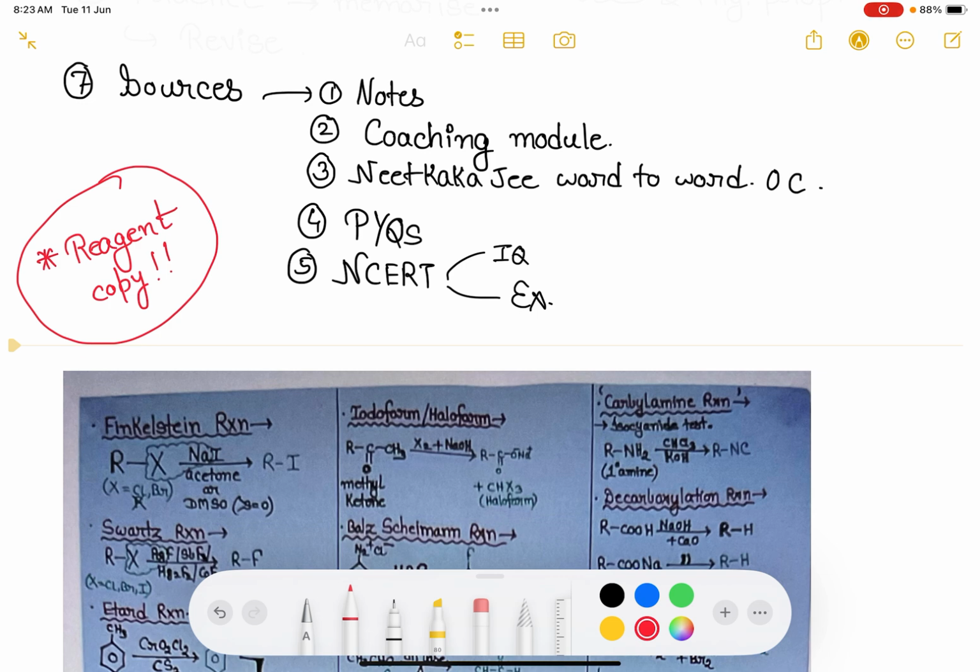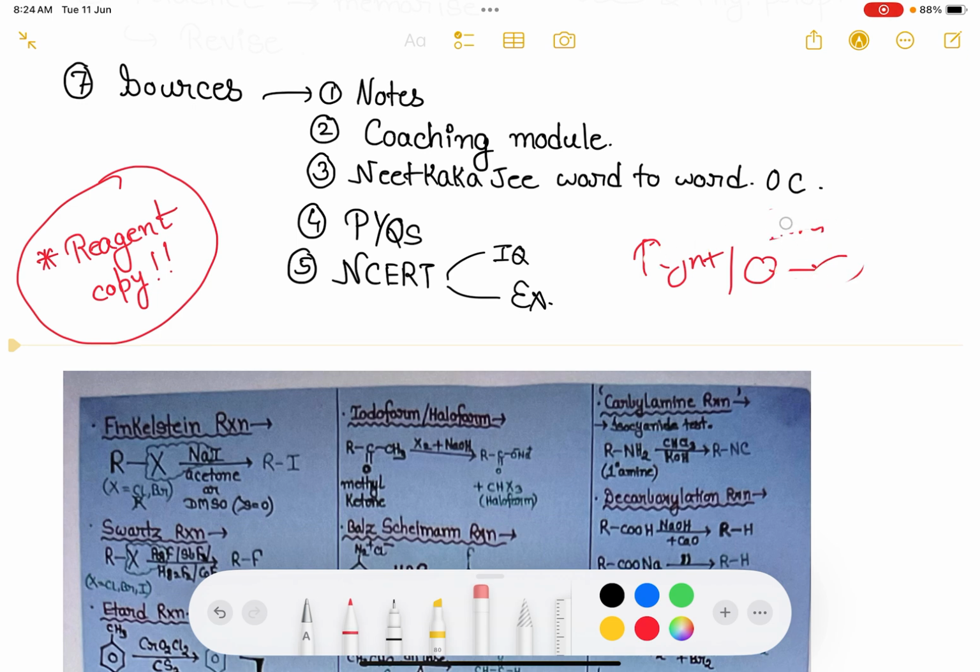You will write the name of the reagent and then its function, that is, from what to what. That is a very useful tool for many aspirants, and if you forget a reagent's function, this will be a lifesaver for you. So make a reagent copy, it will be very helpful.